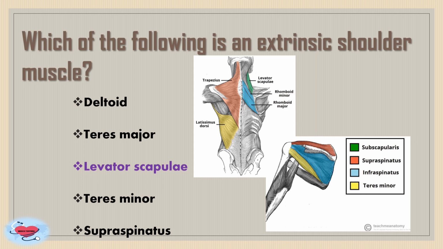Trapezius, latissimus dorsi, levator scapulae and rhomboids are extrinsic shoulder muscles, but deltoid, teres major, supraspinatus, infraspinatus, teres minor, subscapularis, they are the intrinsic shoulder muscles. In this question, it has been asked for extrinsic shoulder muscle. So the answer is option C, levator scapulae.